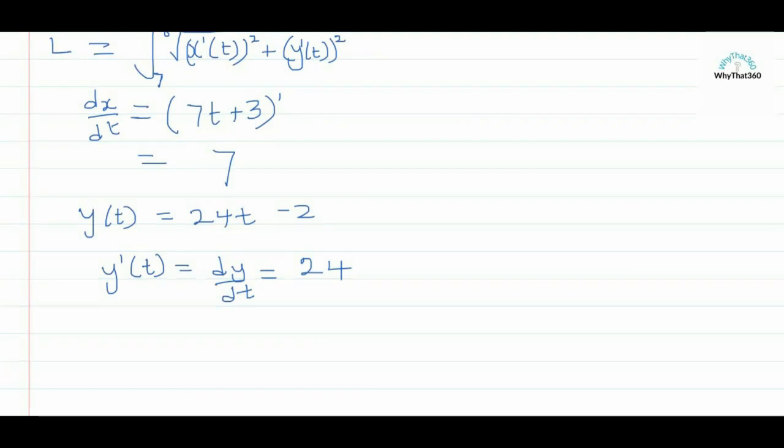We go back to the formula, which was given as L, which is the arc length, is equal to the integral from 7 to 8 of the square root of x prime t all squared plus y prime t all squared.